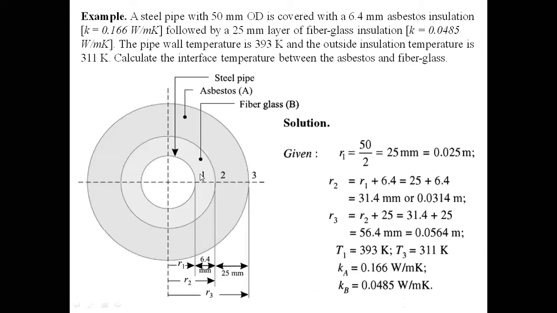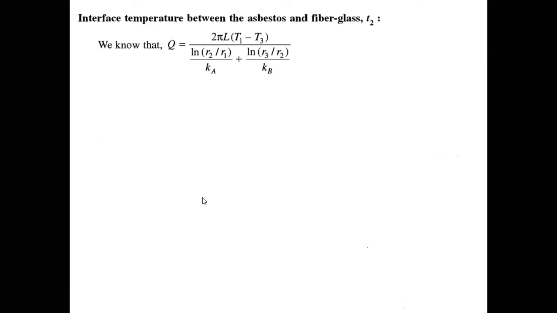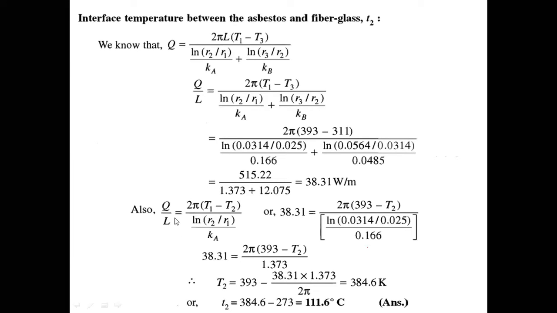So in this case Q equals T1 minus T2 divided by ln R2 by R1 divided by twice pi K L. The formula is Q equals Ti minus T0 divided by ln of outer diameter by inner diameter divided by twice pi K L. If L goes to the top, then twice pi K L into T0 minus T1, and if I take Q by L, then it is twice pi K into T0 minus T1.